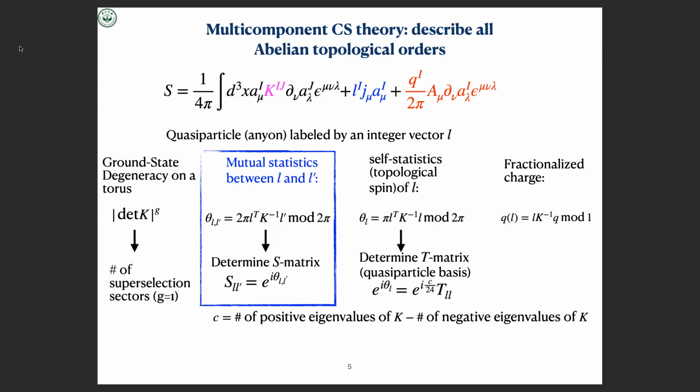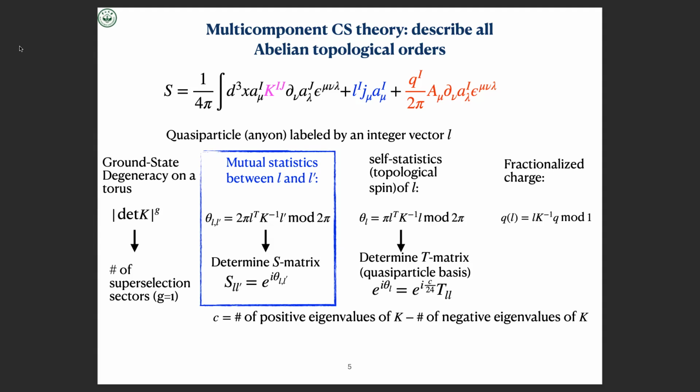And based on this theory, we can also compute the GSD for this kind of topological order on any manifold, and also we can compute the mutual statistics between different anyons labeled by L and L prime respectively.